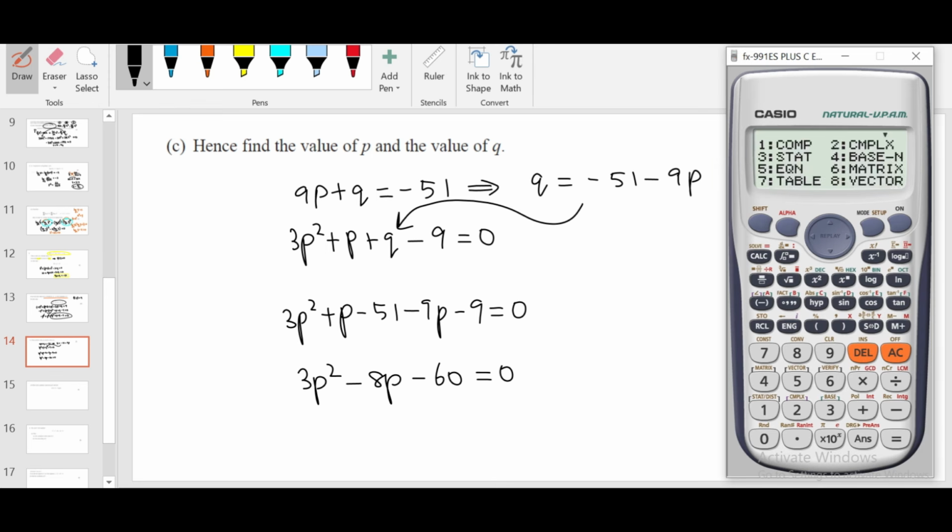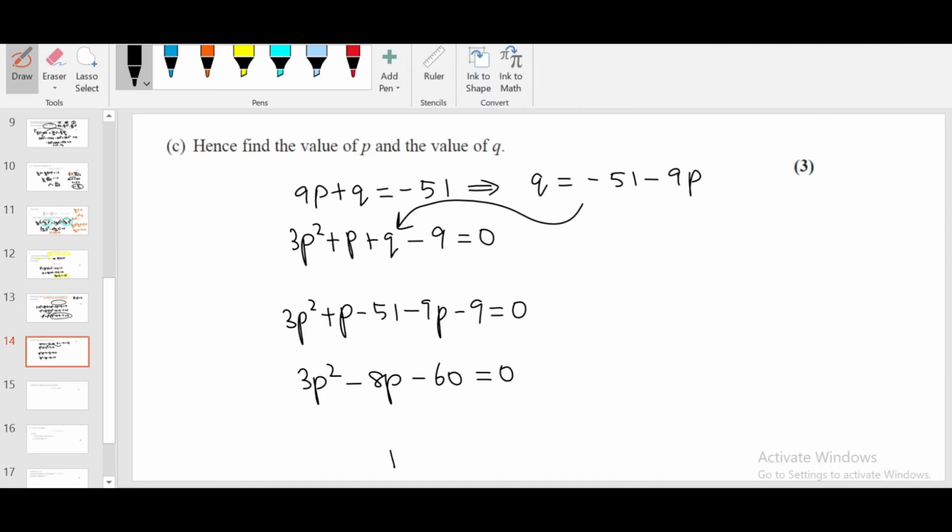I'm going to use my calculator to solve this: 3, negative 8, negative 60. We get 6 and minus 10 over 3. So p is equal to 6 and p is equal to negative 10 over 3. But we write one more step here: p minus 6 times 3p plus 10 is equal to 0.